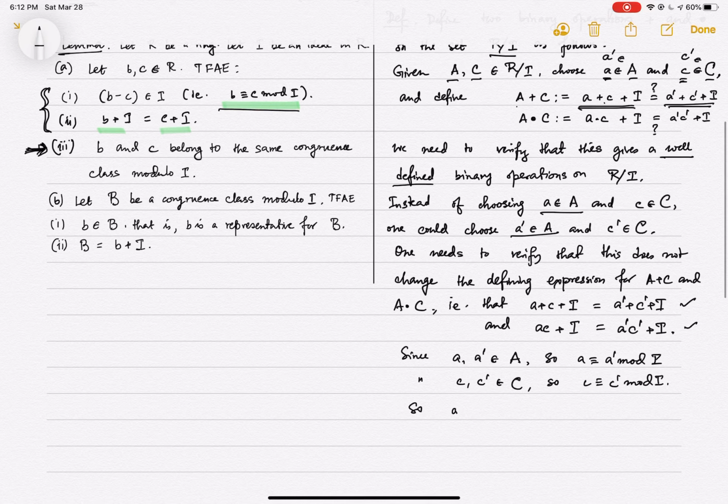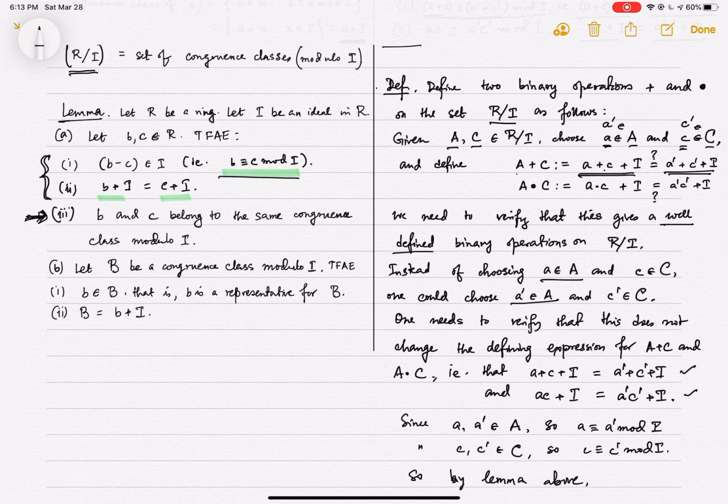So by the lemma above, we do get a plus c plus I equals a prime plus c prime plus I, and ac plus I equals a prime c prime plus I. And that verifies that the prescription up here actually gives you well-defined binary operations on R mod I.